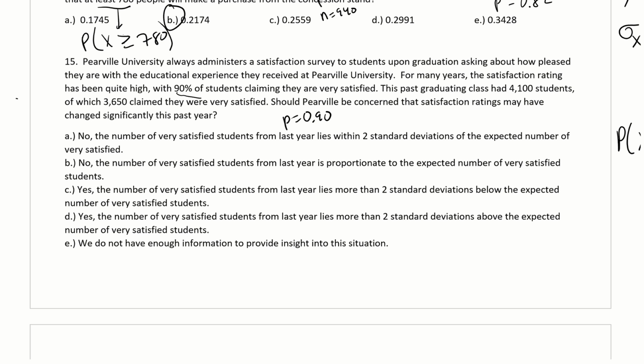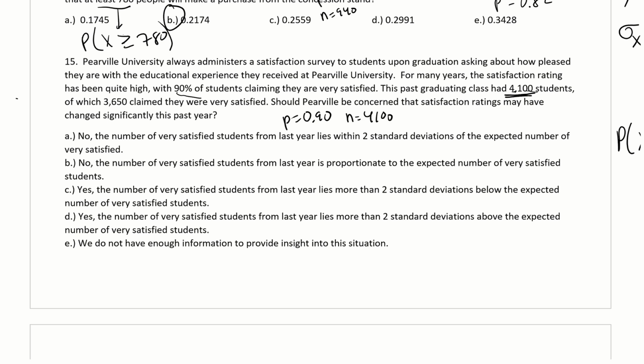This is a binomial. Satisfied or not satisfied, and each person is independent. The number of trials is 4,100 students, and the probability is the same, 90%. So n equals 4,100.